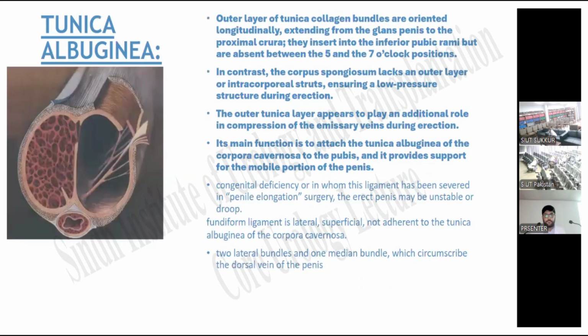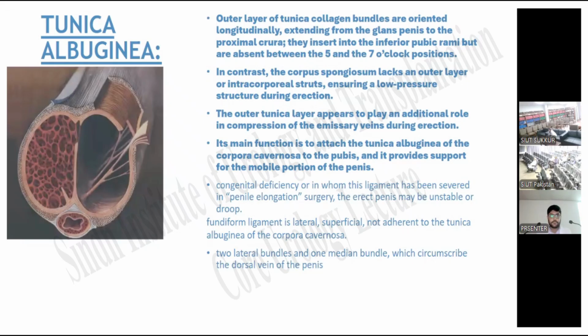Tunica albuginea. A little bit of word about the vascular and the innervation point of view: these are the two points that initiate the tumescence and the detumescence. So we have to know the clear anatomy of these two things, the vascular supply and the innervation, because whatever treatment you are going to give to the patient depends entirely on these things.